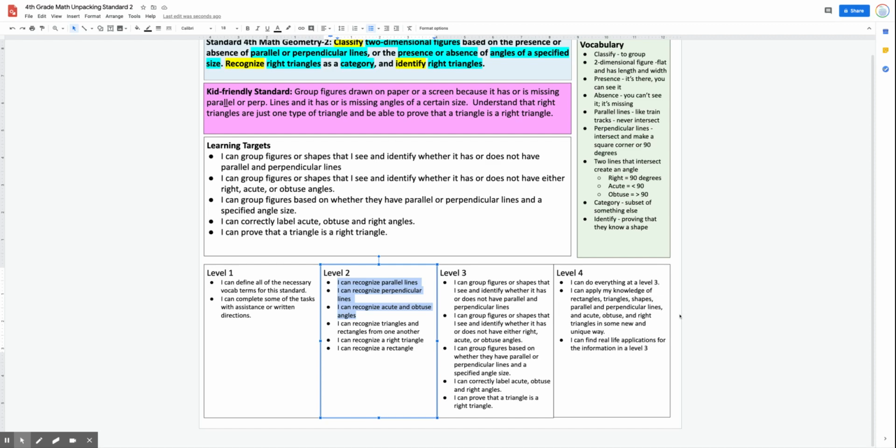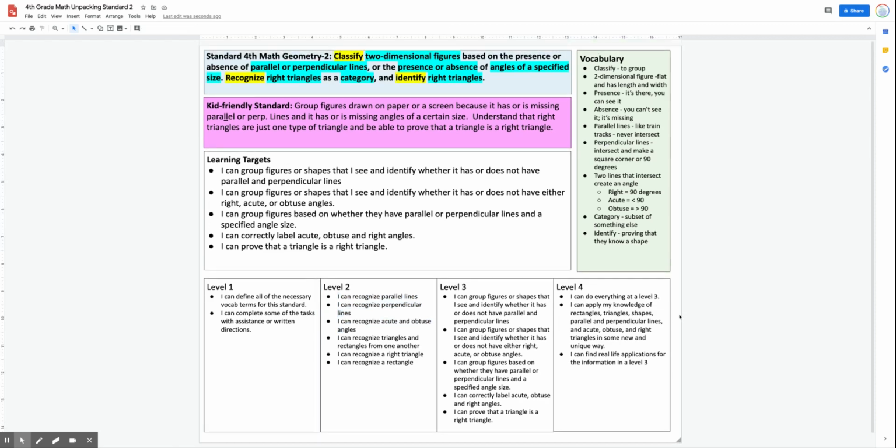So now what you've got is your standard broken down with your vocab, with your kid-friendly language, with your learning targets, and now you have a proficiency scale. The proficiency scale enables students to grade themselves. It enables students to sit side by side and help one another.